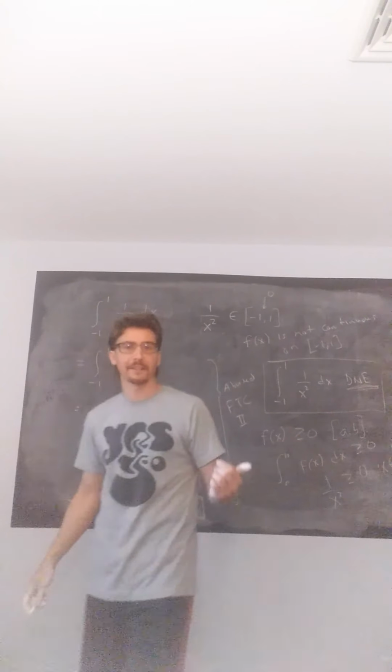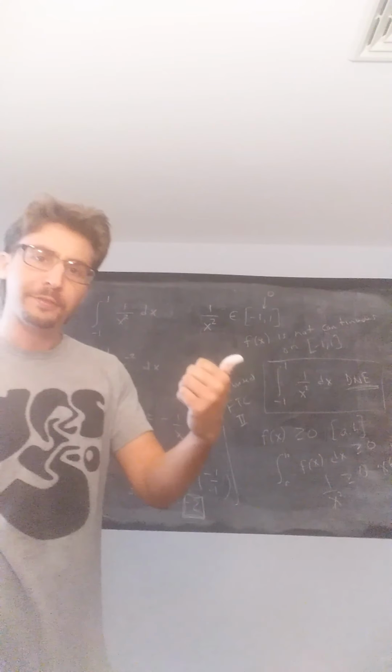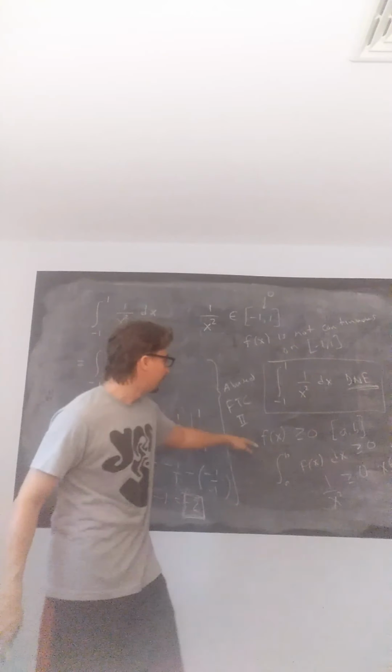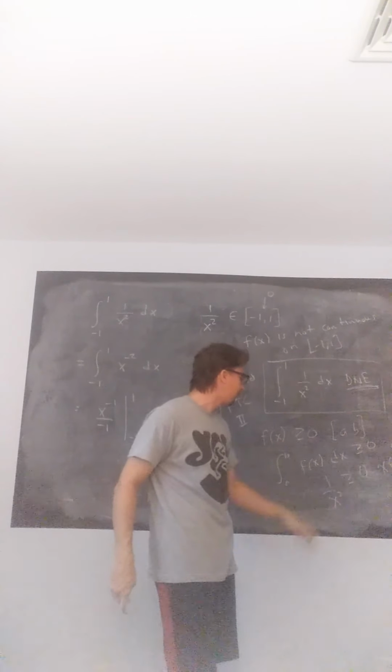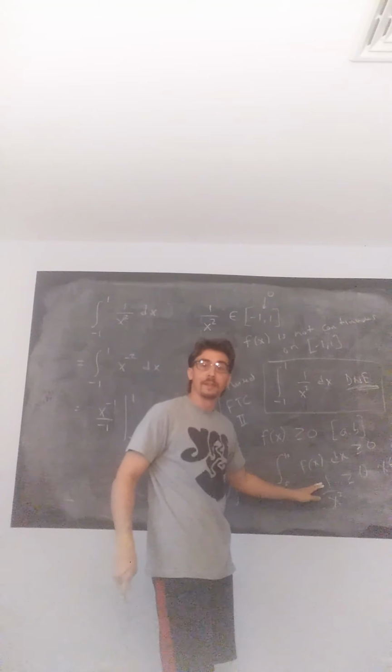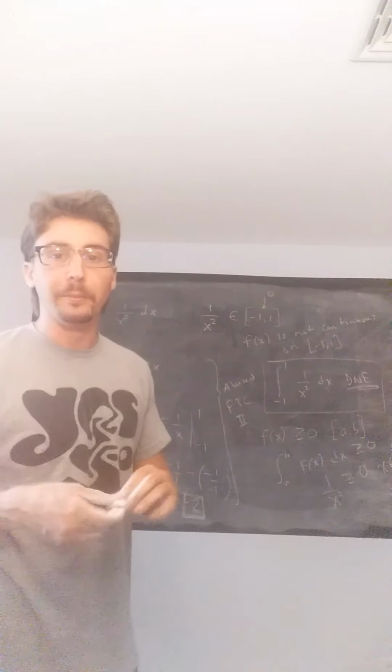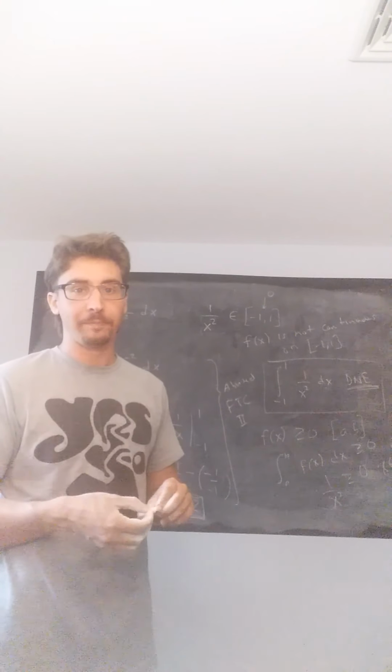So that's the second thing you gotta look out for. So abuse of FTC Part 2, and then this fact here: if your function's greater than or equal to 0 over the interval, then your integral itself has to be greater than or equal to 0 over that interval, or you made some kind of computational mistake.